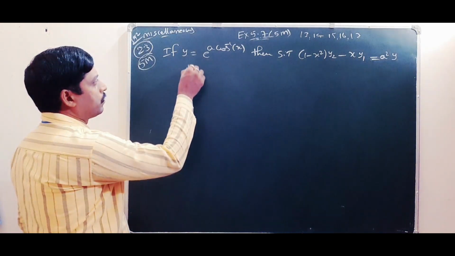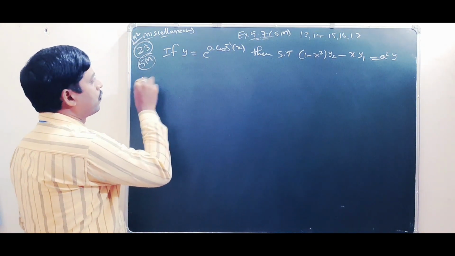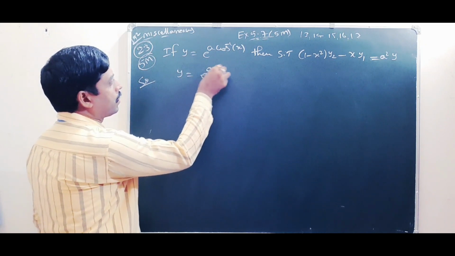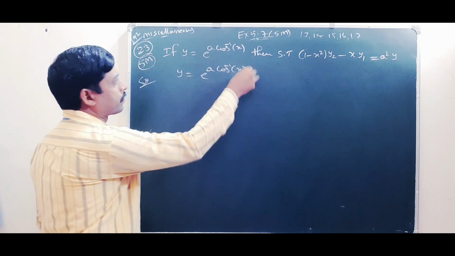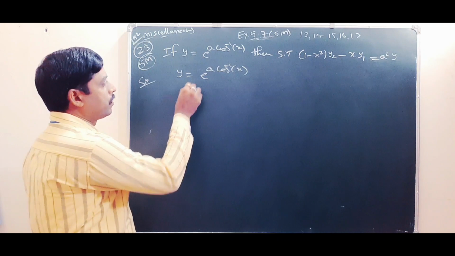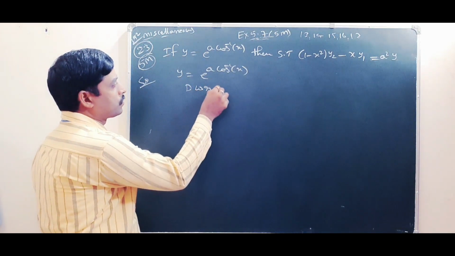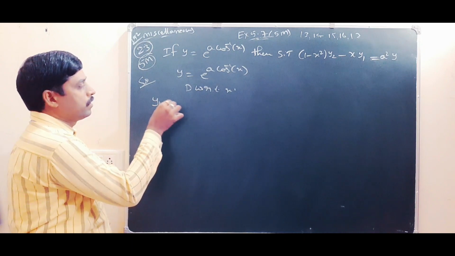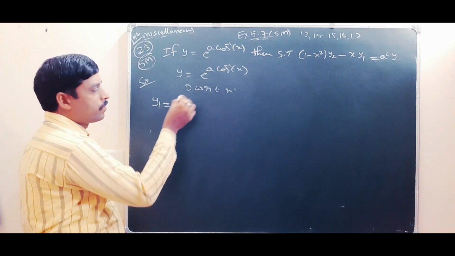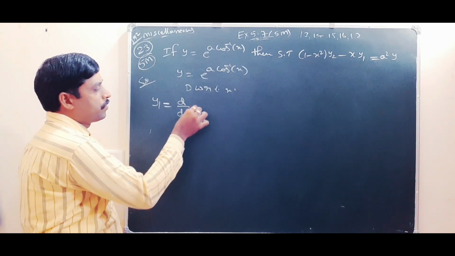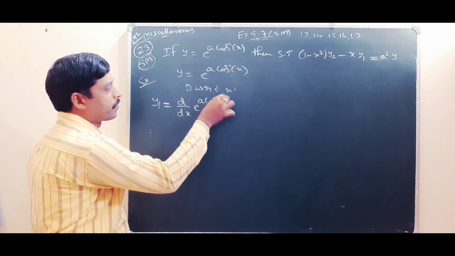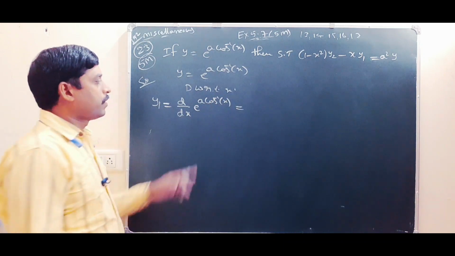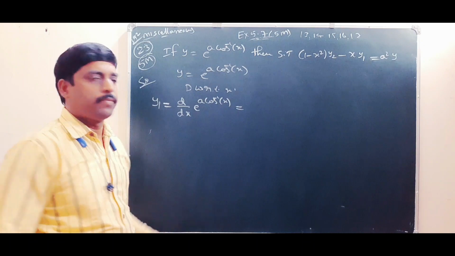Okay. So now differentiation, what is given? So y is equal to e to the power a cos inverse x. Now differentiation with respect to x on both sides. So differentiation of y, we get y1. So write d by dx of e to the power a cos inverse x.